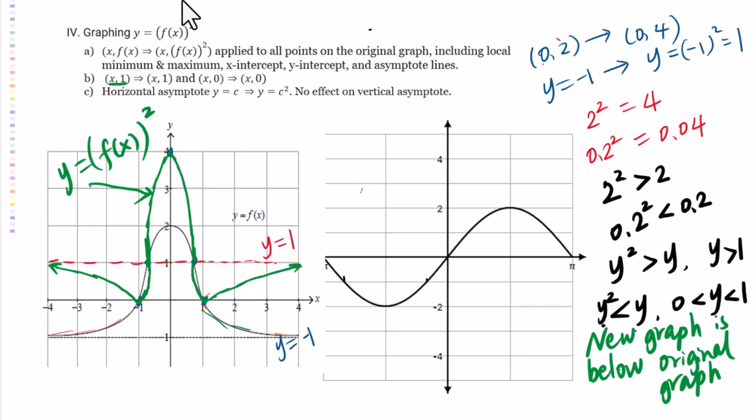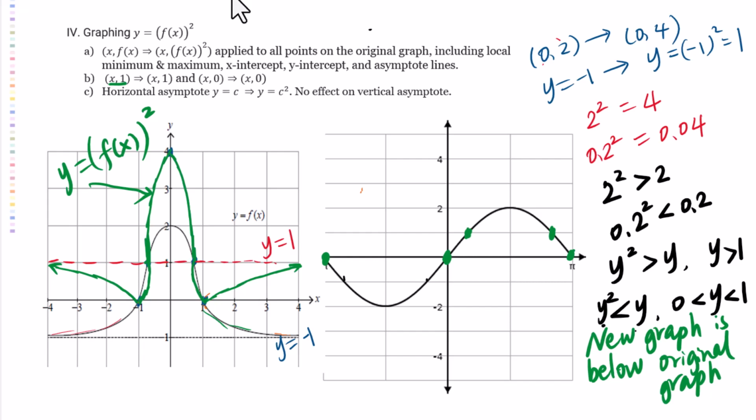Let's look at the second graph. First of all, we need to find all x-intercepts and the points whose y-coordinate is 1.